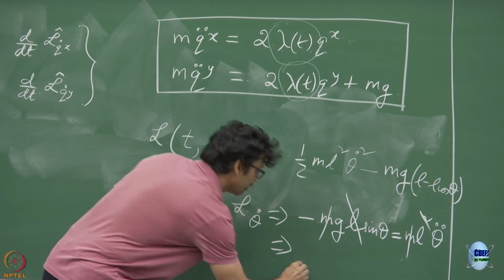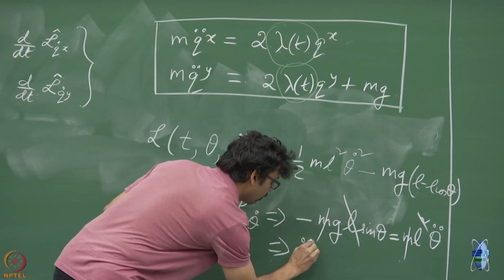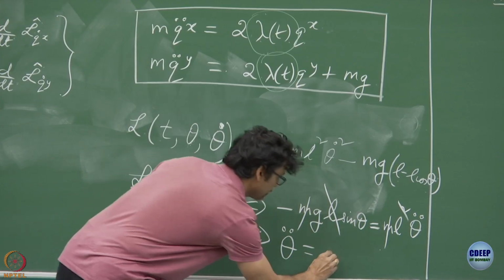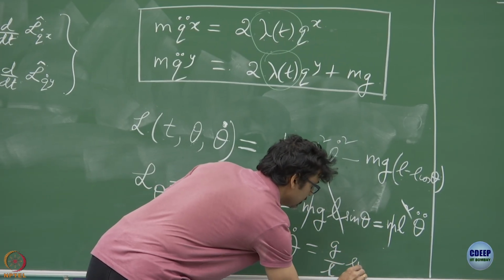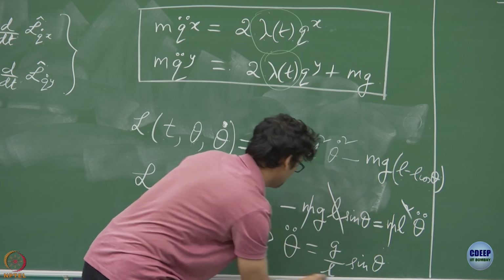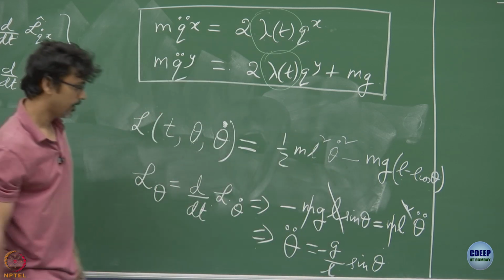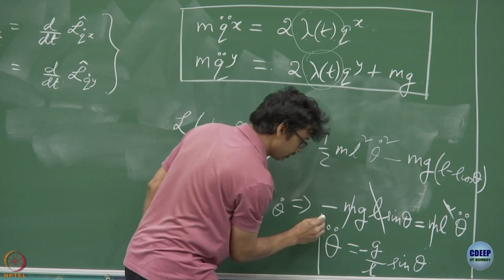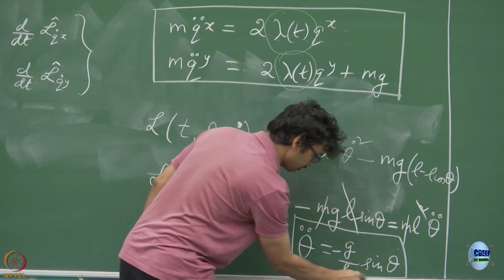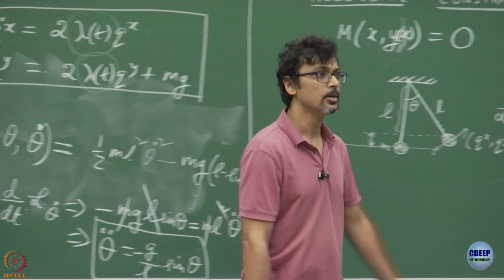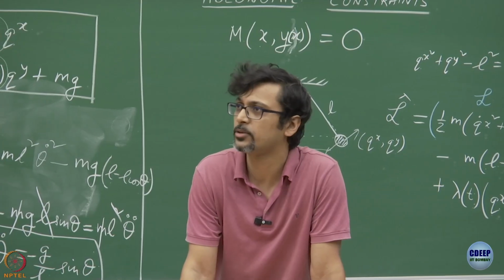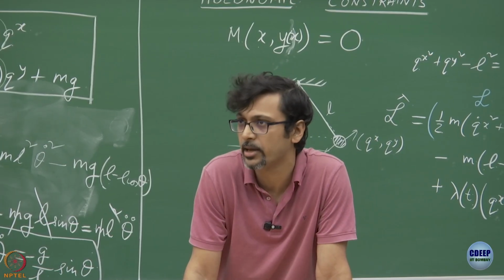And just like that the m and m cancel, the L gets taken out once. So what do you have? Theta double dot is equal to minus g by L sin theta, and that is exactly the equation of a pendulum, the accurate one, not the linearized one where you approximate theta to be small and therefore sin theta is almost equal to theta and linearize it.